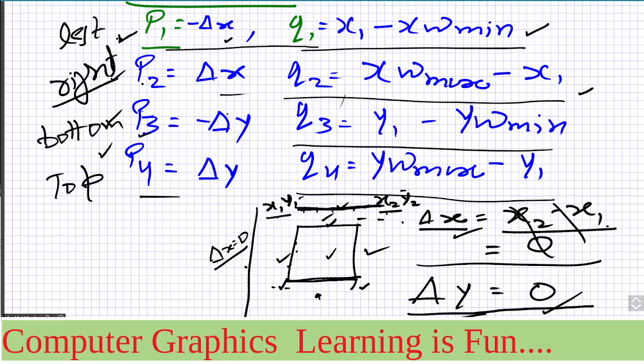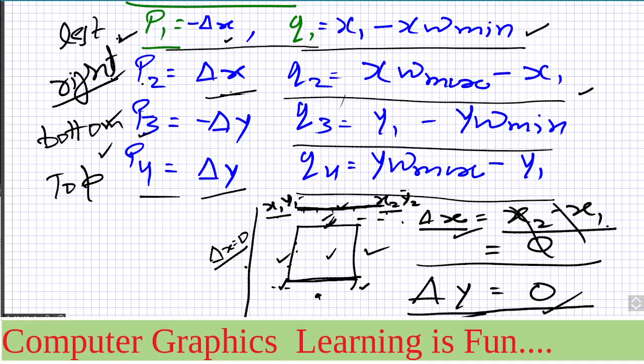No problem. Now what you have found till now is not helpful, right? What you have found is either delta x is equal to 0 or delta y is equal to 0. In that case the line is parallel to any of the boundary. So does it help?